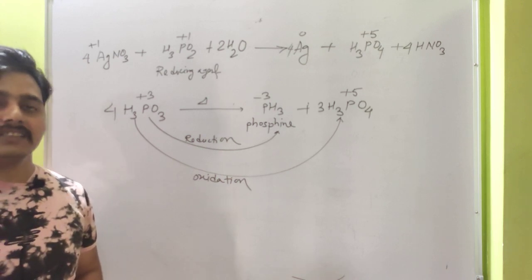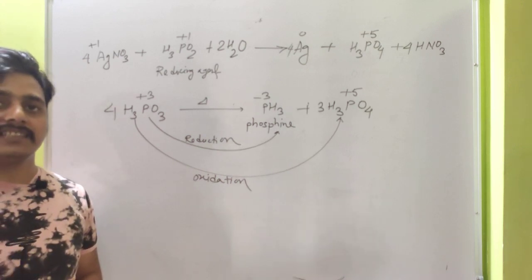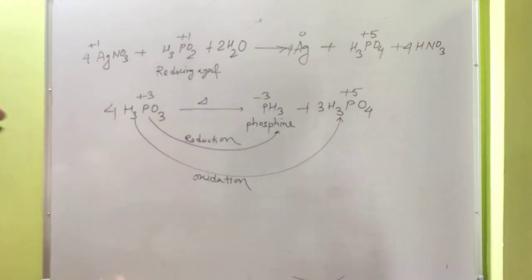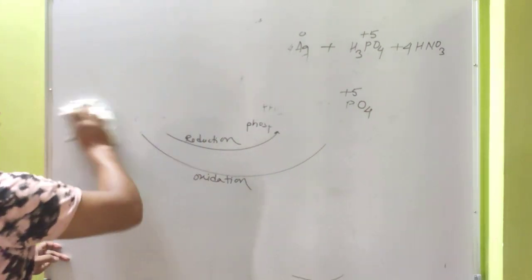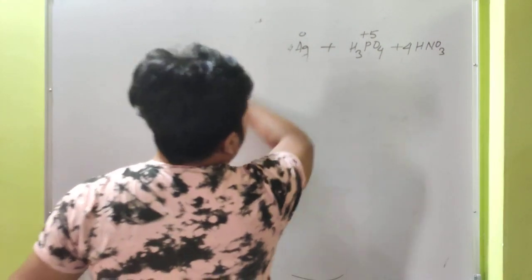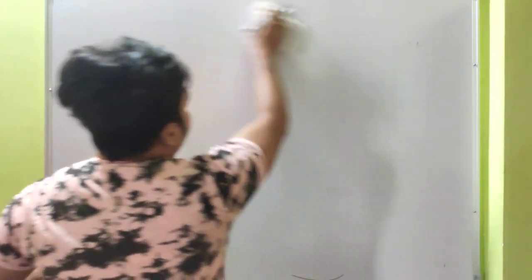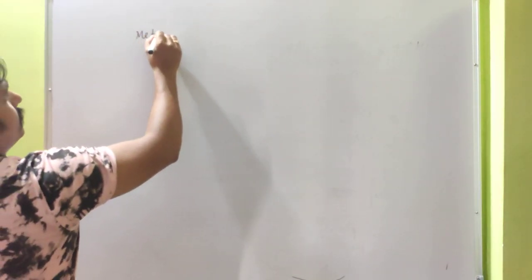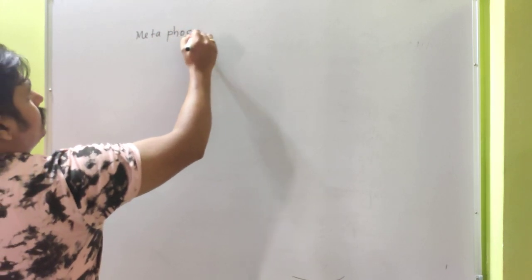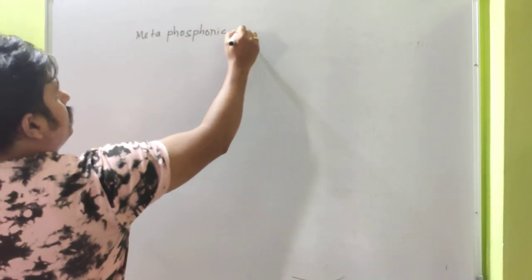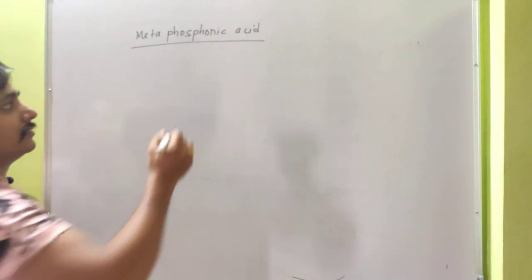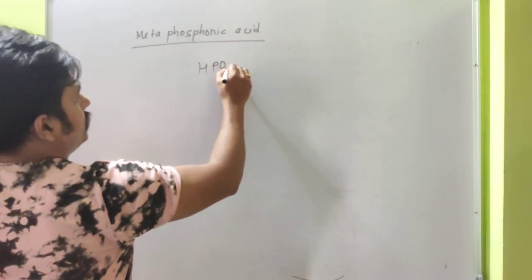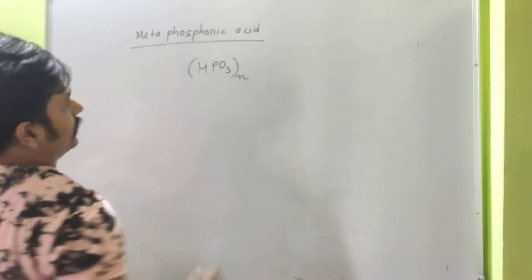Okay, last compound we discuss, that is metaphosphoric acid. Very important compound. Metaphosphoric acid. The formula of metaphosphoric acid is (HPO3)n.